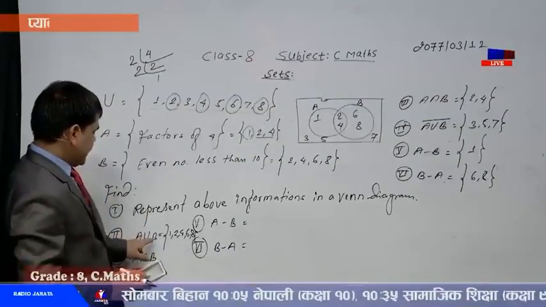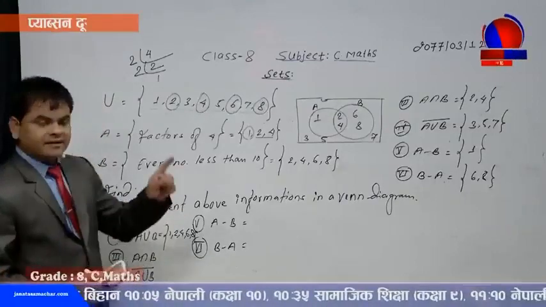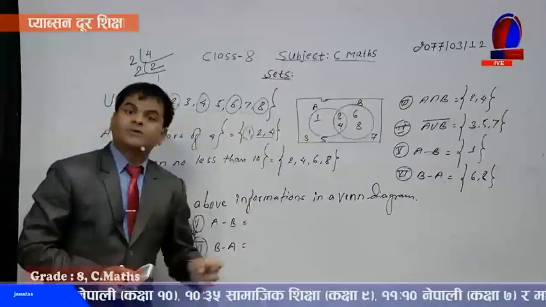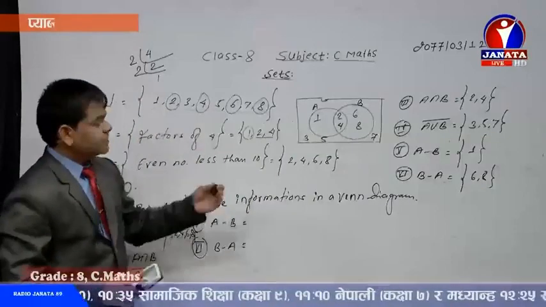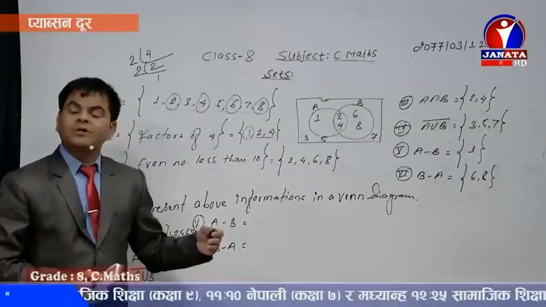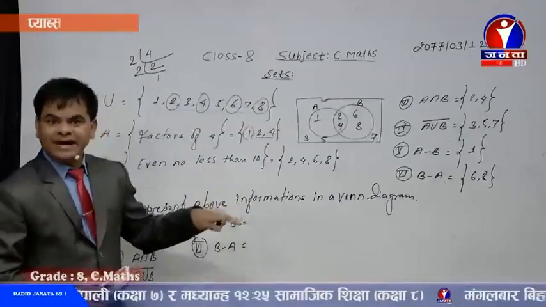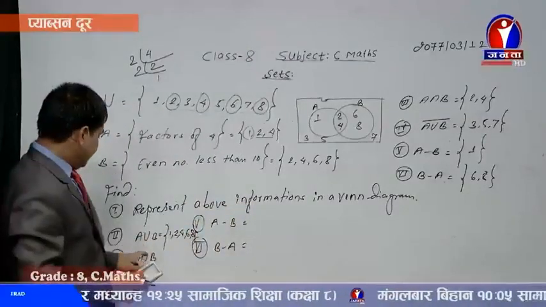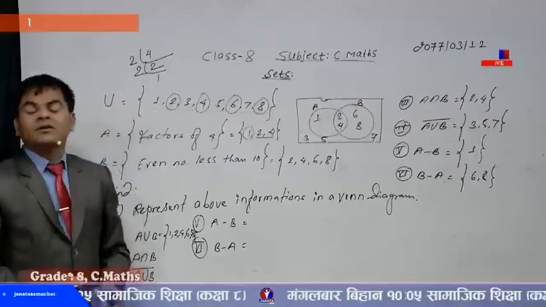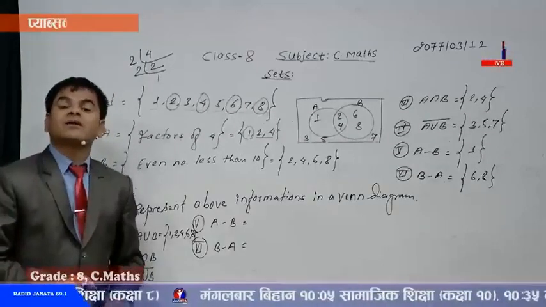Once again, A union B represents those elements of both sets which are inside the circle, if you look at the Venn diagram. And A intersection B means the elements which are common.